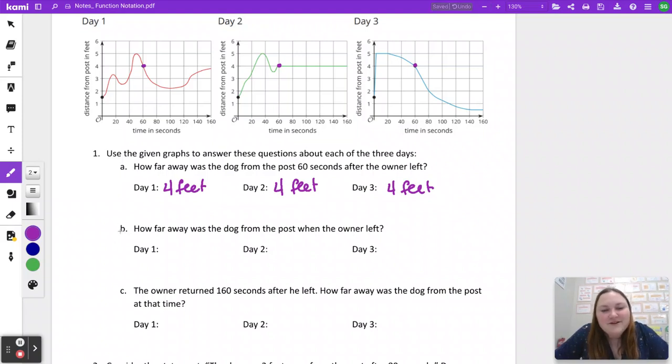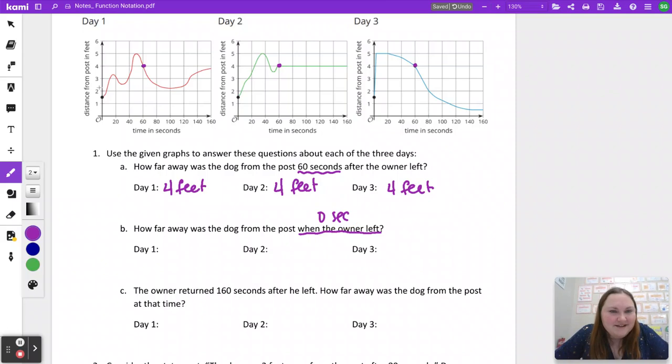In part B, the question was how far away was the dog from the post when the owner left? Now, unlike the first one, I wasn't given a specific time to look at. Here, we're talking about when the owner left. So we have to understand that when you're talking about when the owner left, that's going to be time 0. Another way to think of that is 0 seconds after the owner left, right when it happens.